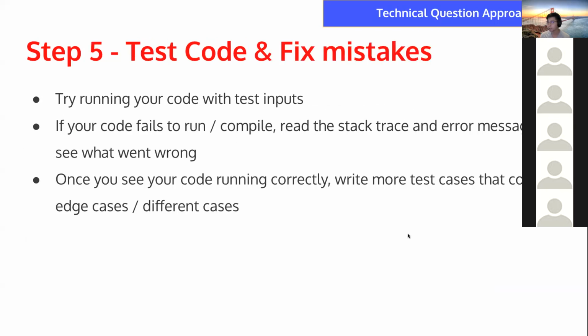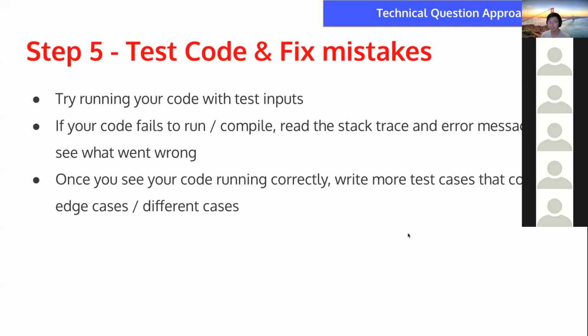And lastly, this is the last step, which is once you have code, you want to test code and fix any mistakes. To do that, you can try running your code against test inputs. And if your code test fails, do not panic. A lot of times, you could have a lot of typos in your code as you're writing fast. Or you could have some edge cases that you forgot to handle.